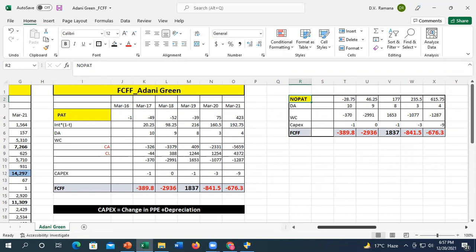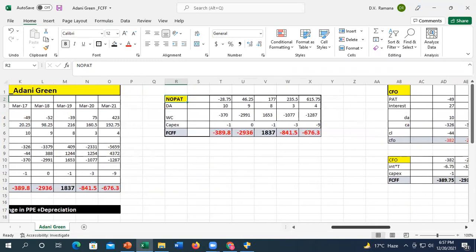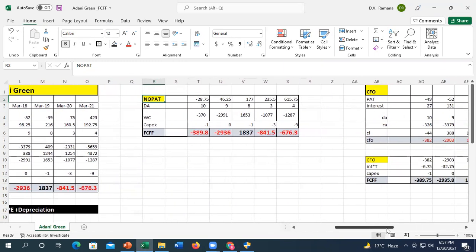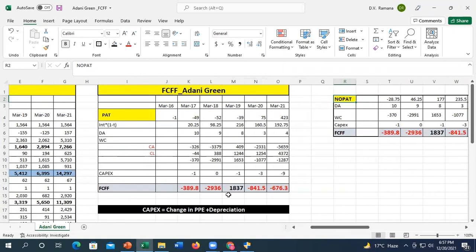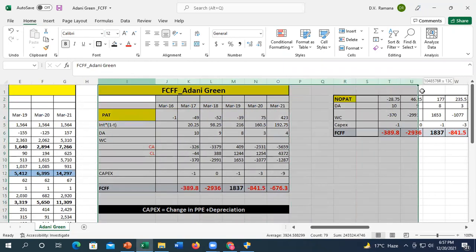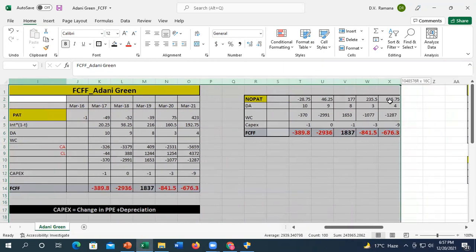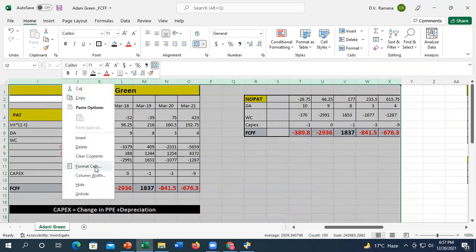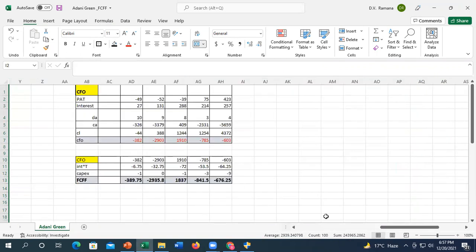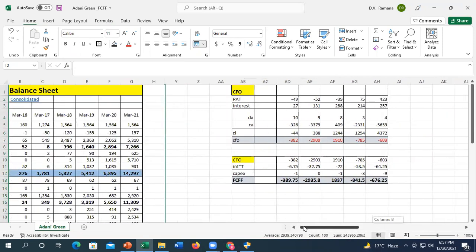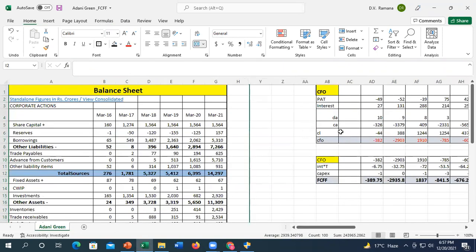What about CFO? We can derive FCFF from CFO too. Let me hide these columns because we need space, and see CFO. Let us first find CFO. What is CFO?